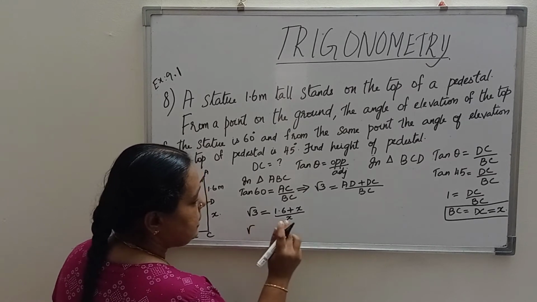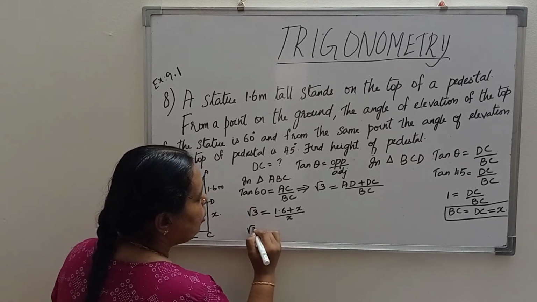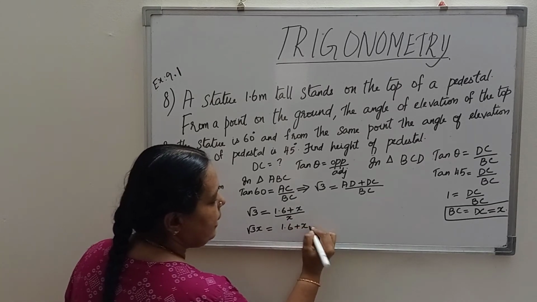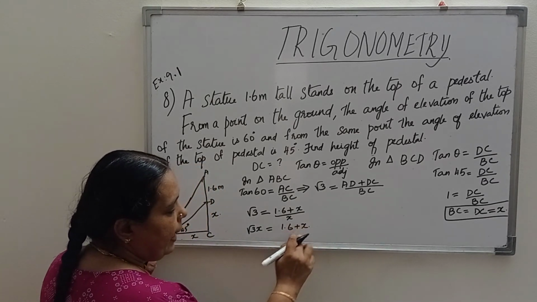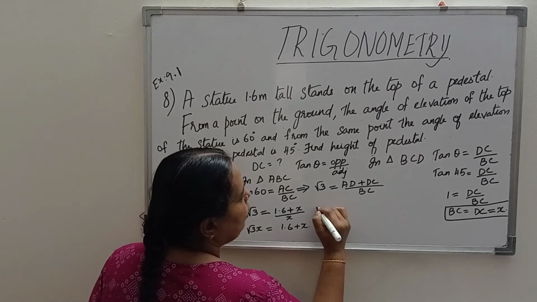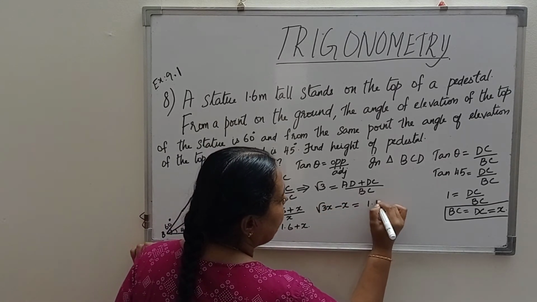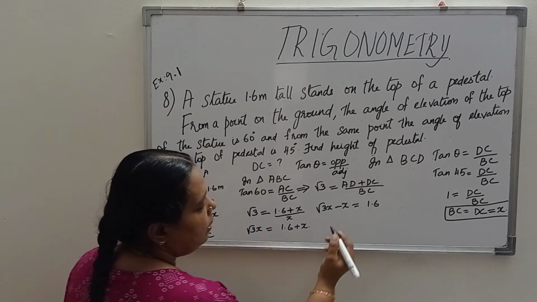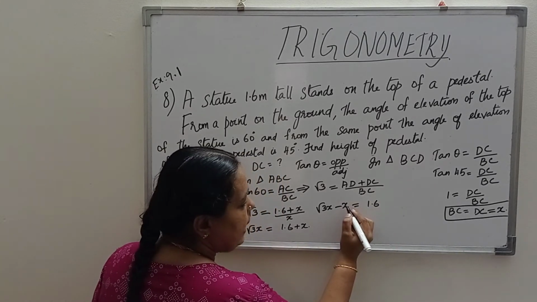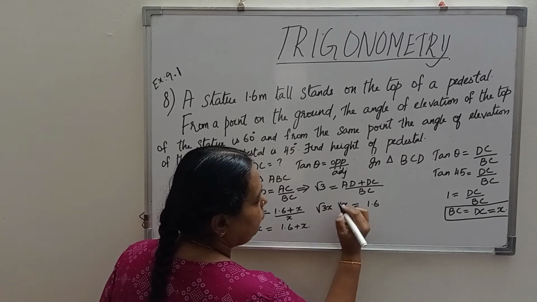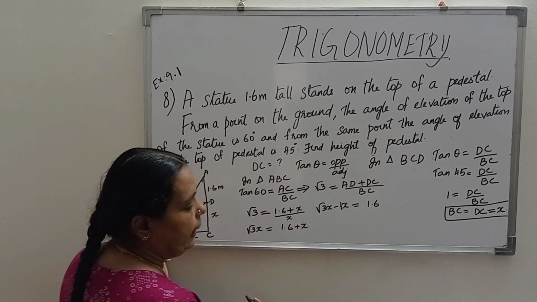So let's take X to the other side. Root 3 into X is equal to 1.6 plus X. Bringing X to the other side, root 3X minus X is equal to 1.6. Here, since it is X, it will be assumed as 1x. I am telling it for your understanding.